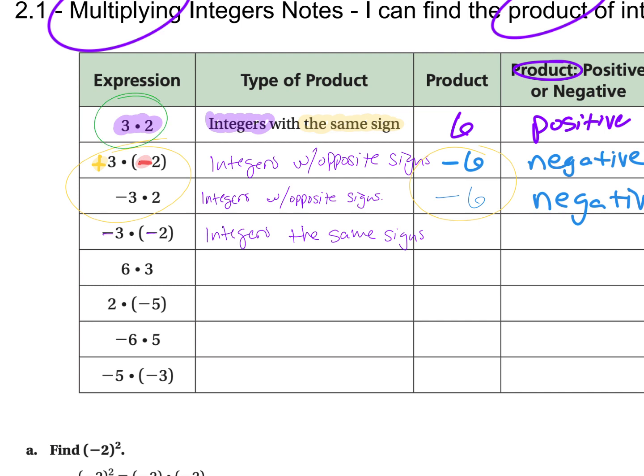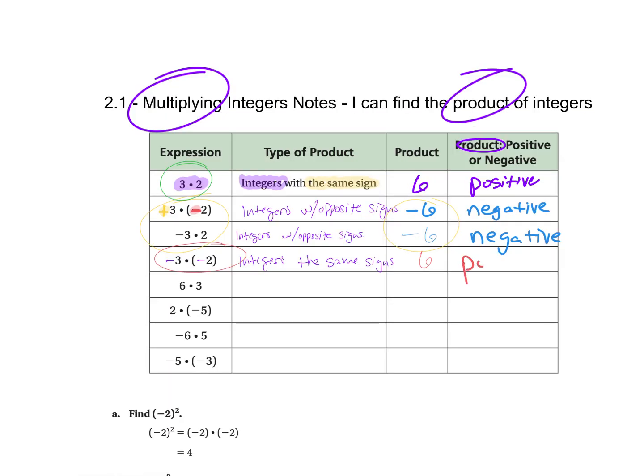And here, two positives is going to be positive. But this one, what's he going to do? A negative times a negative is going to be positive. Positive. So if you're looking for some patterns here, let me suggest a pattern. How about this? When they have the same signs, they're going to be positive. Same signs, positive. Opposite signs, negative.